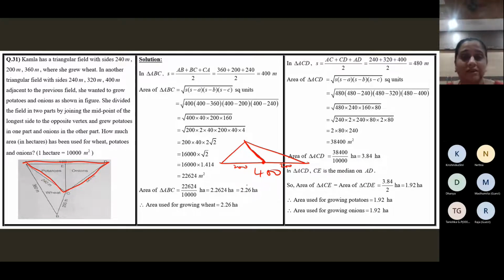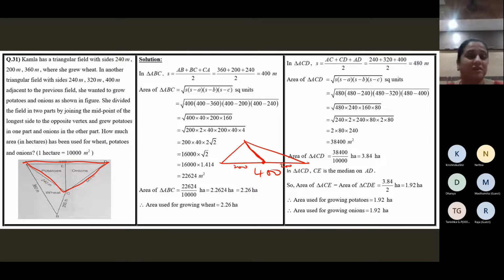The two triangles need not be congruent, meaning they need not be identical. Congruency meaning identical, just like one another. So the median divides the triangle into two triangles equal in area.